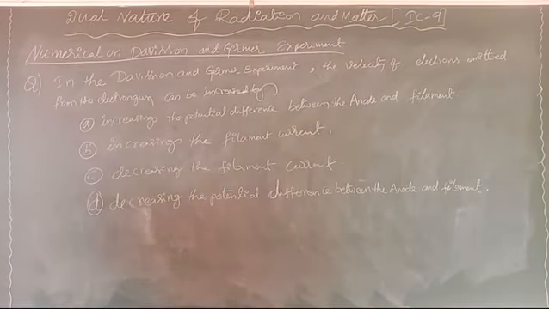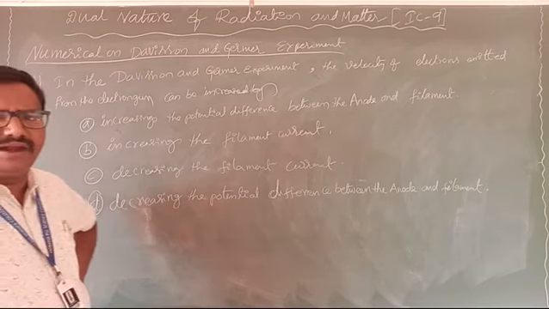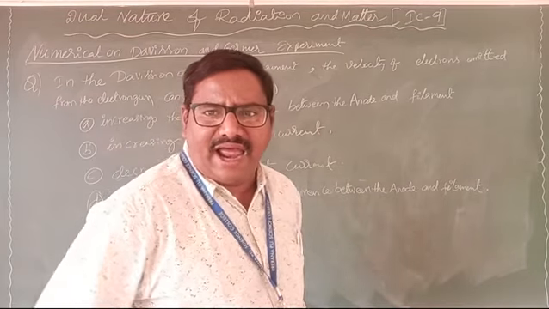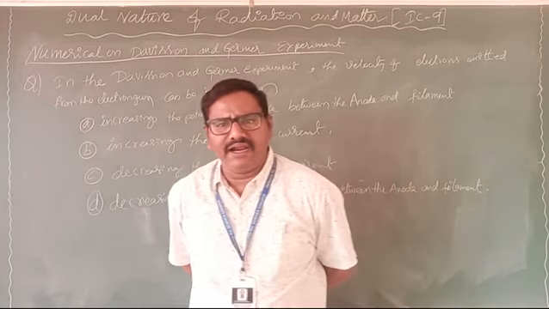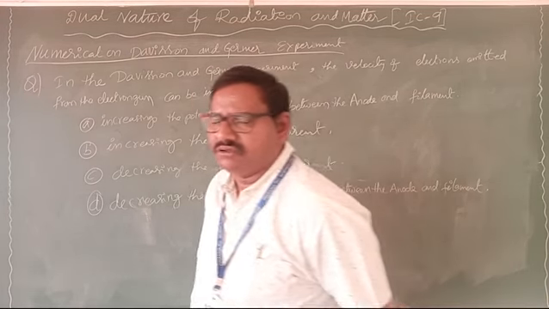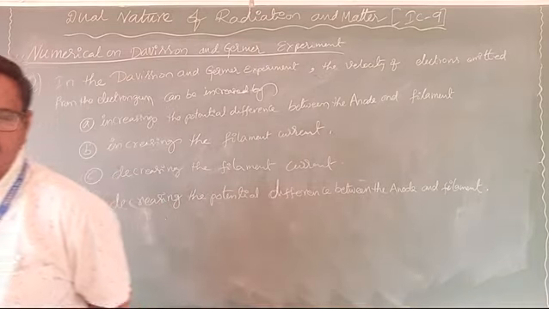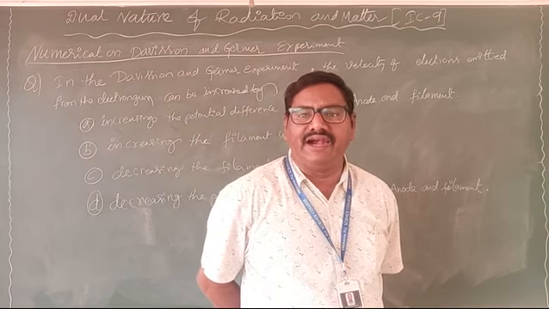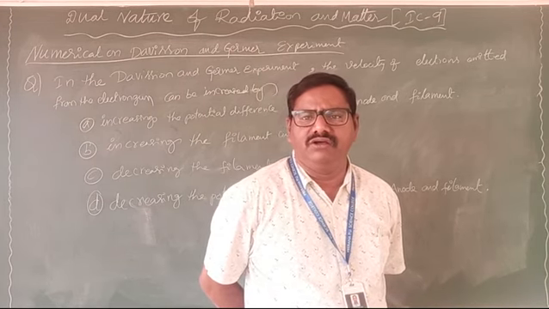Now, on the Davisson and Germer experiment, we are solving some numericals. Do you remember the main theme of the experiment? They experimentally proved the wave nature of particles. While proving that, they used an electron beam.